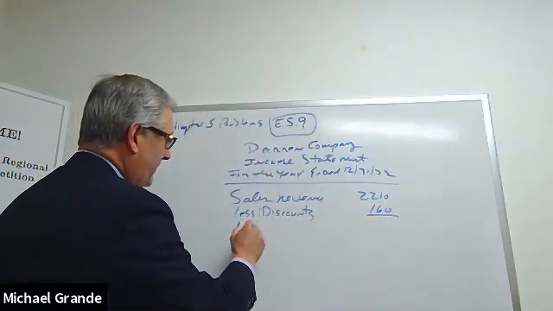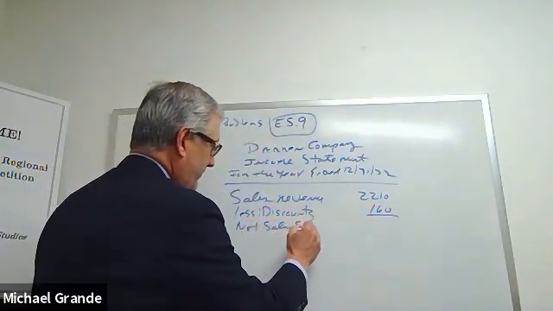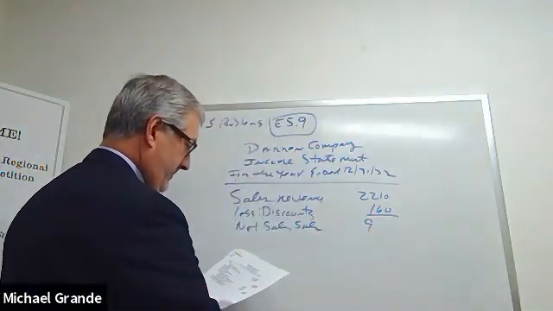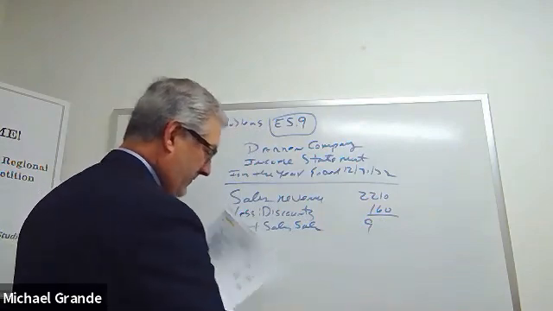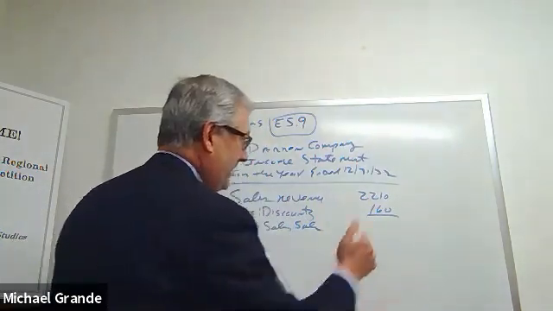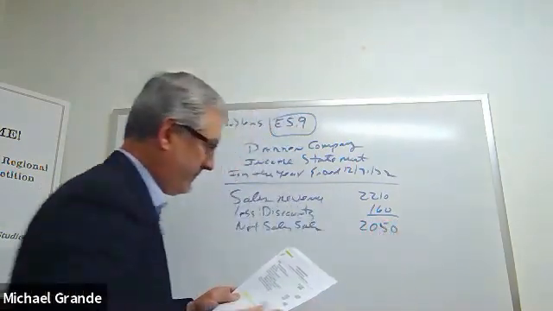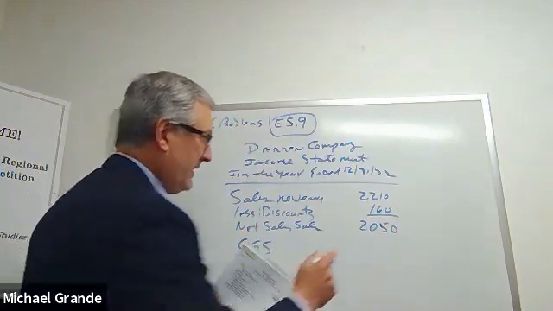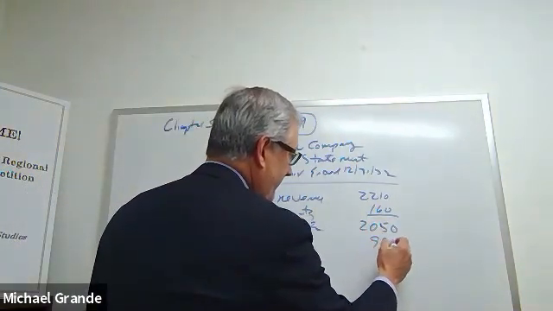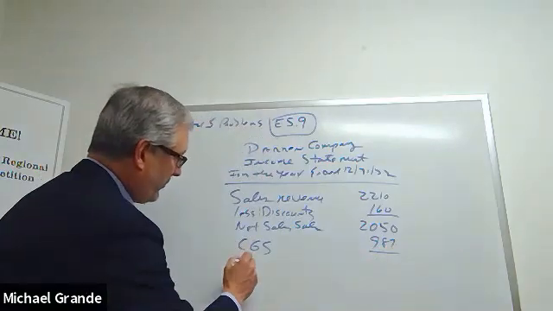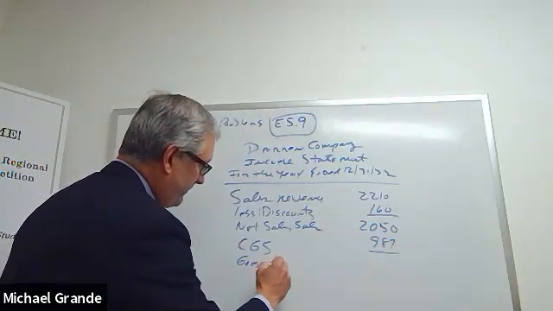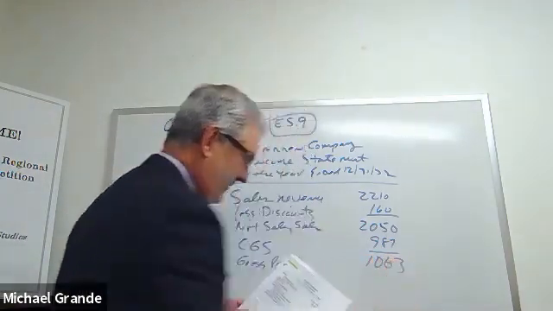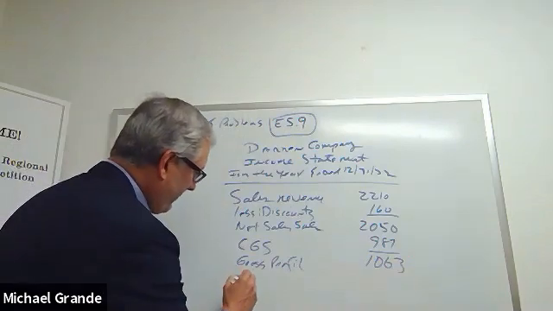So we have net sales of $2,050. Cost of goods sold, CGS, 987. So we have gross profit of 1,063. We have some operating expenses.